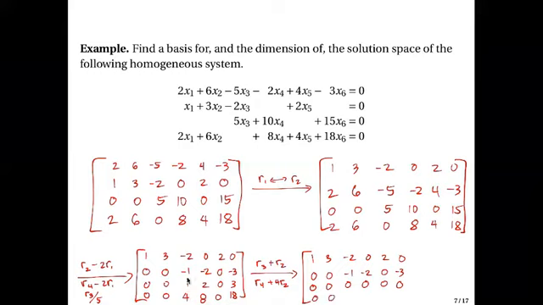And then you will have 4 plus 4 times negative 1. That becomes 0. 8 plus 4 times negative 2. That's again 0. Then of course 0 plus 0. And then in here 18 plus 4 times negative 3. So 18 minus 12, that's 6. Okay.